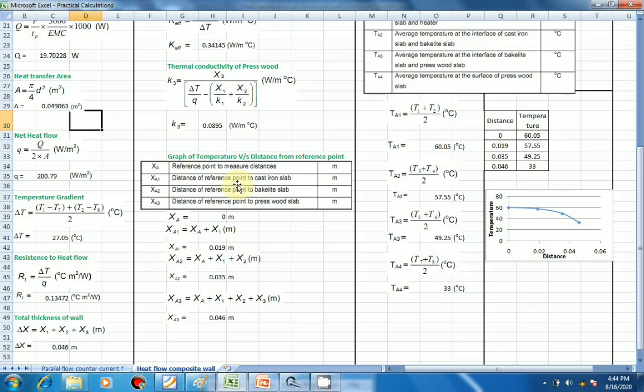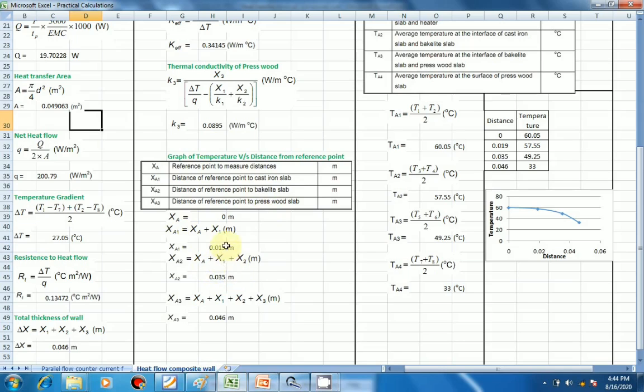XA1 is what? It is the distance of the reference point to the cast iron slab. So its value is nothing but x1. So that's why we have written the equation XA1 is equal to XA plus x1. Then XA2 is nothing but the distance of the reference point to the bakelite slab. So from the bakelite slab, we need to take a distance up to the reference point which is on the surface of the heater. So XA2 is nothing but what?